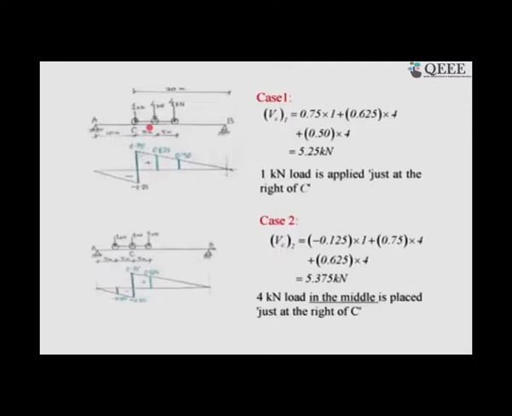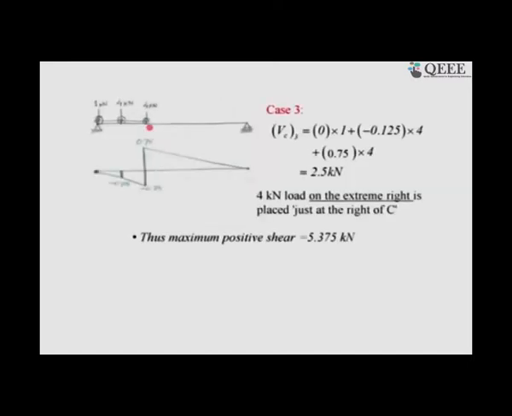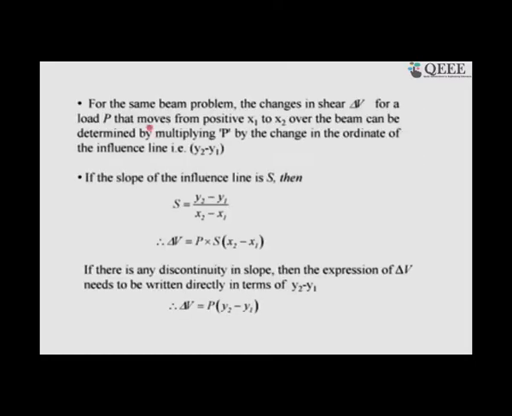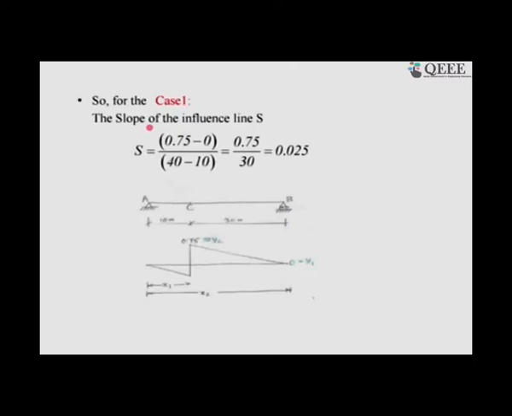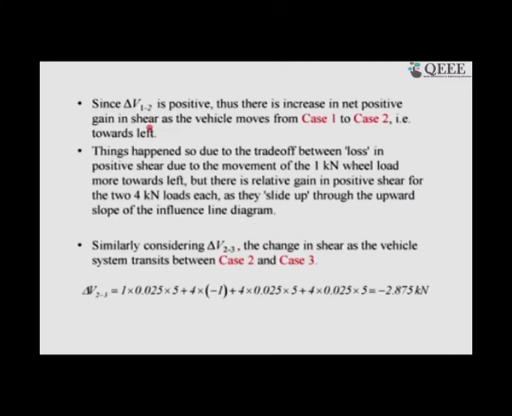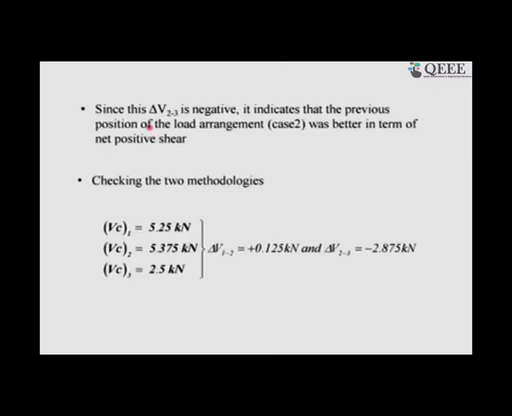There are several possibilities we need to explore and then finalize, or else we need to observe the functional changes, and when the changes become negative, we understand the earlier one was better. So, these are the functional changes and the slopes, and we track the slope of the curves, and from there we understand which one was the best for increasing the function.